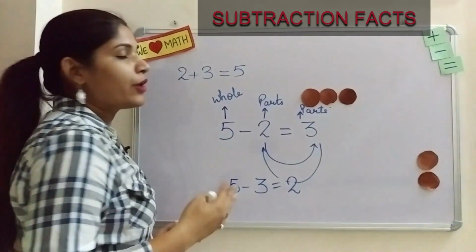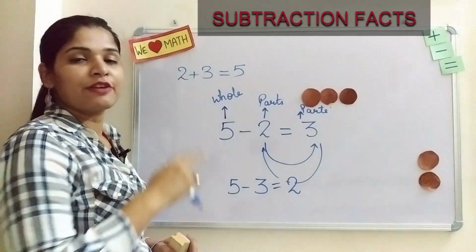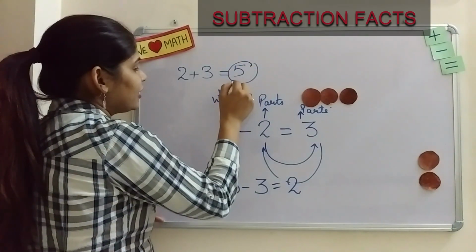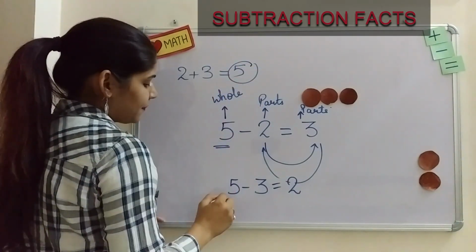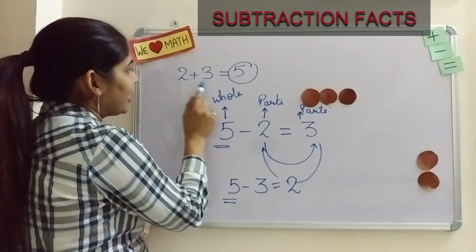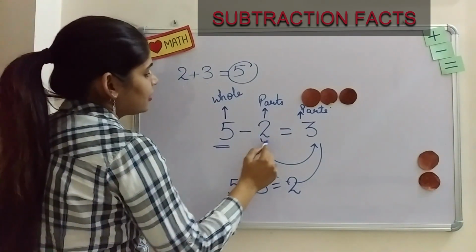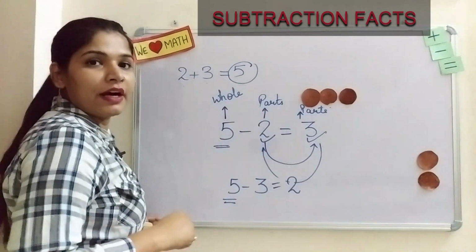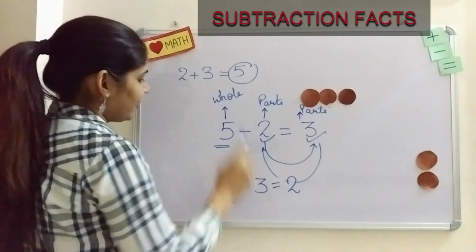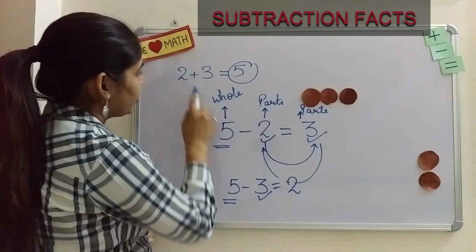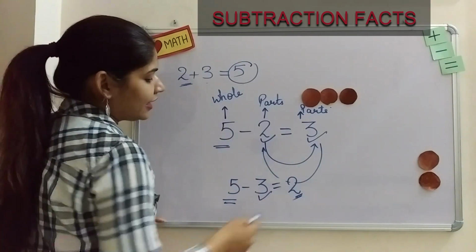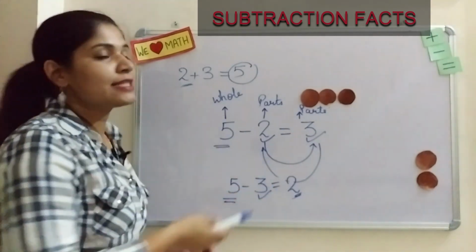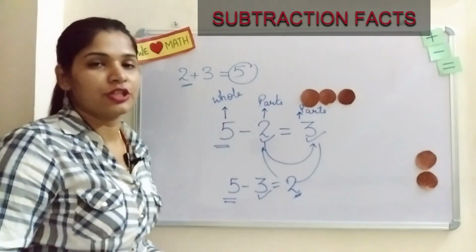And now when we form the subtraction fact from these numbers, first of all we write the whole in the beginning, and then we write a part, and we'll get the answer as the other part. Similarly, if I write 3, I get the answer as the other part, that is 2. So that means addition and subtraction are interrelated to each other.